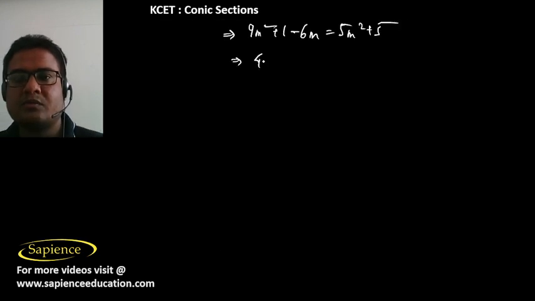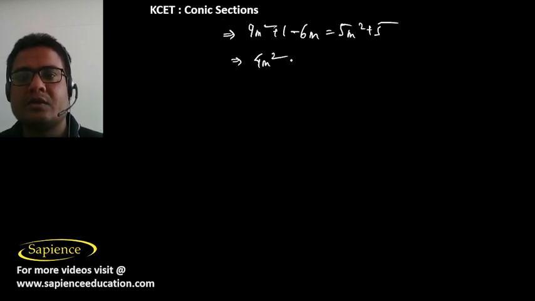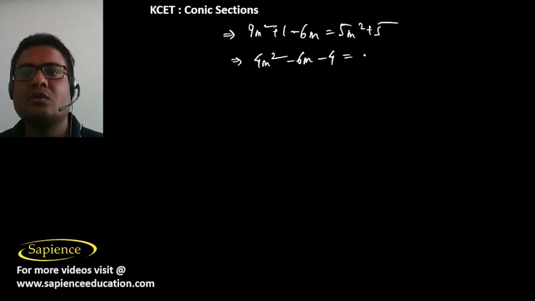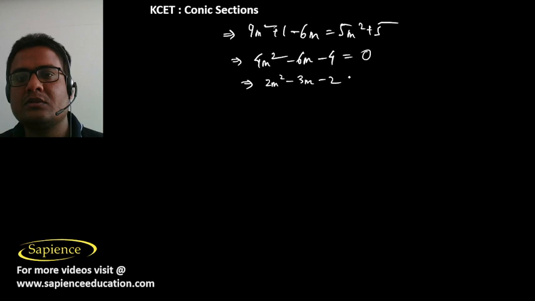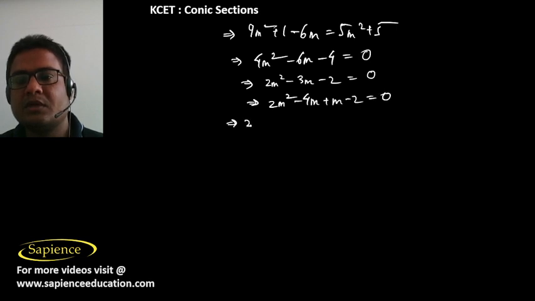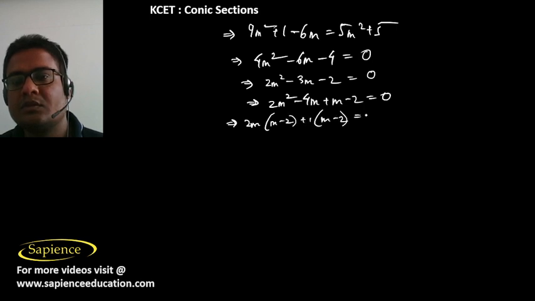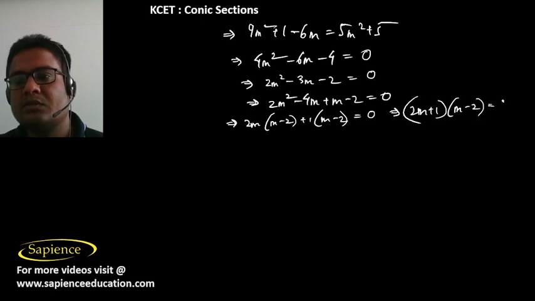So this will be 4m squared minus 6m minus 4 equal to 0, that is 2m squared minus 3m minus 2 equal to 0. If we factorize it, we have 2m squared minus 4m plus m minus 2 equal to 0, or 2m into m minus 2 plus 1 into m minus 2 equal to 0. So 2m plus 1 into m minus 2 equal to 0. So m equals 2 and m equals minus half.